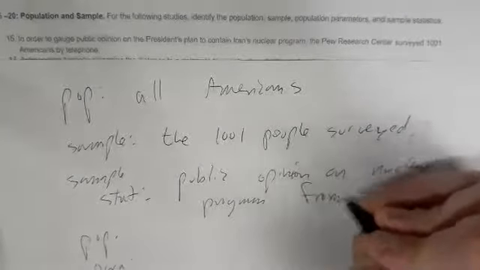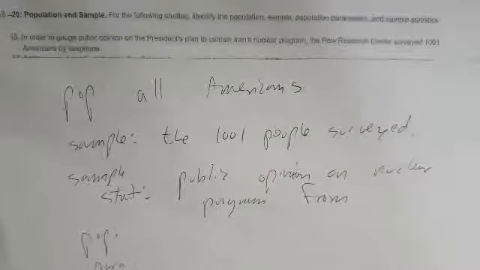And the keyword here, that's the little metric that we want. If this is a sample statistic, this is the public opinion from where? Or of? Who is this? Oh, Americans.